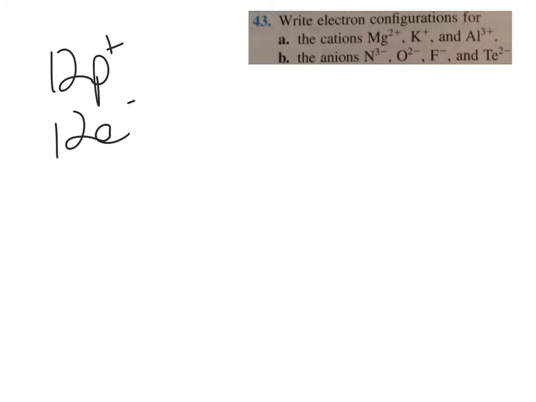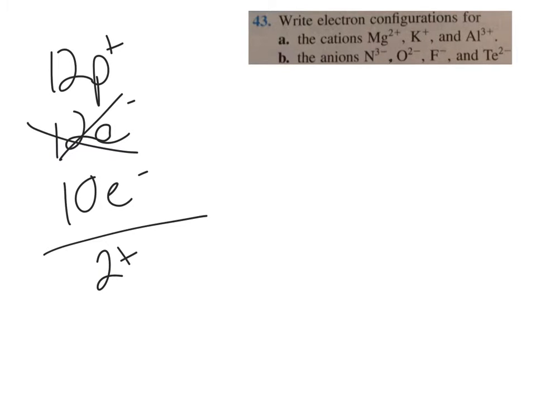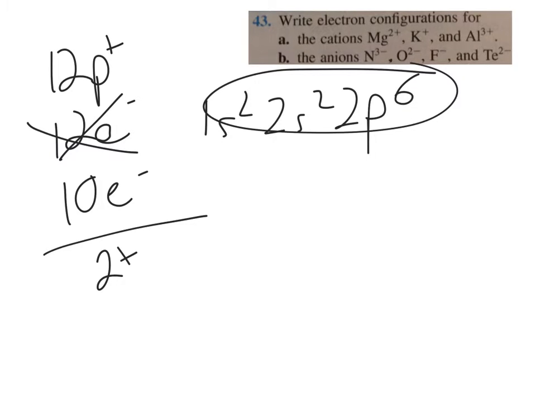Mg goes to 2 plus, which means it must have lost 2 electrons, so now it's got 10 electrons, and so 12 minus 10 is a plus 2, or 2 plus charge. So that puts it in the same ballpark as neon as far as electron configuration. So you have 1s2, 2s2, 2p6. That gives us a total of 10 electrons.